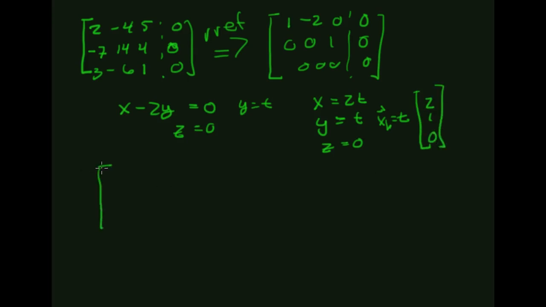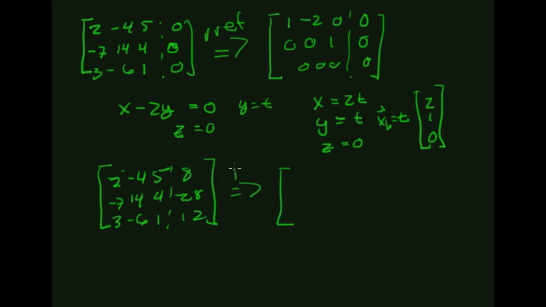Okay, so now I take Gauss-Jordan again, and I apply the 8, the 28, negative 28, and 12.